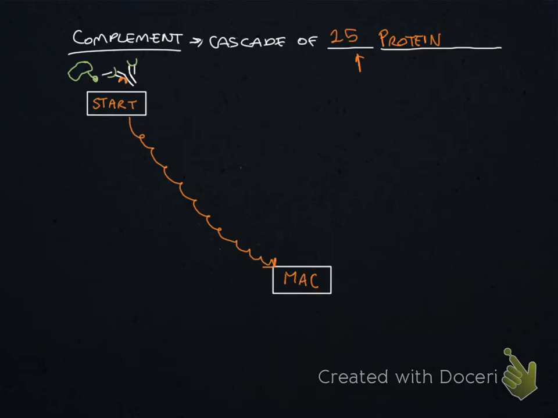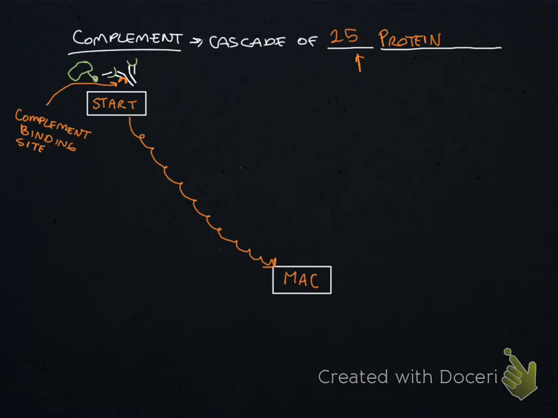And this binding site is called the complement binding site. So this right here is the complement binding site. And this is what is going to initiate this cascade of proteins.